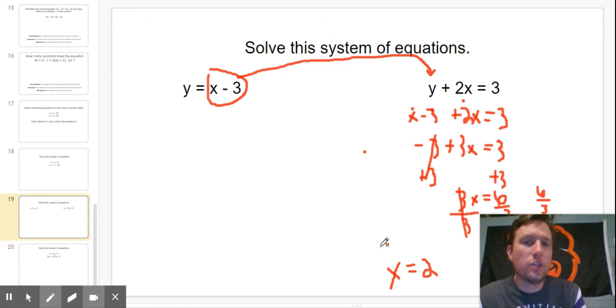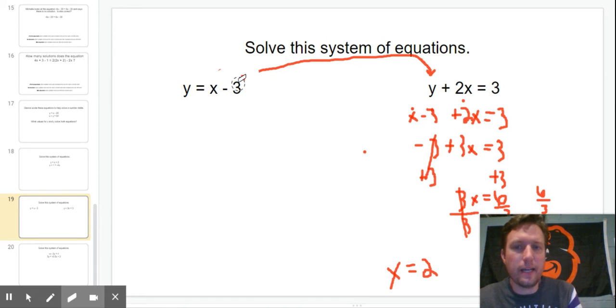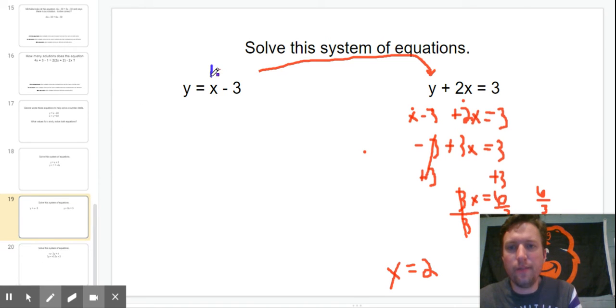Now, I have solved for one of the variables. So now I take this 2 and do it in reverse. I'm going to plug the 2 right here for the value of x. So now I have y equals 2 minus 3.